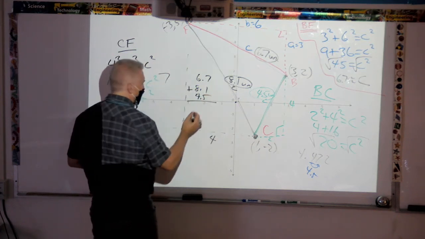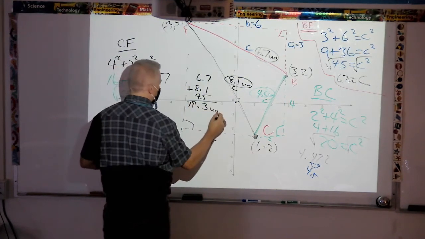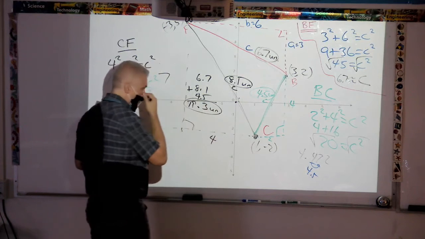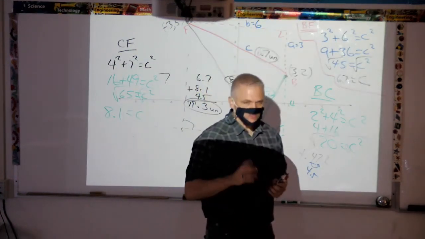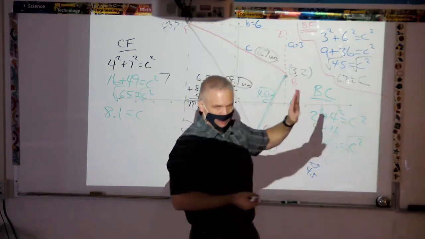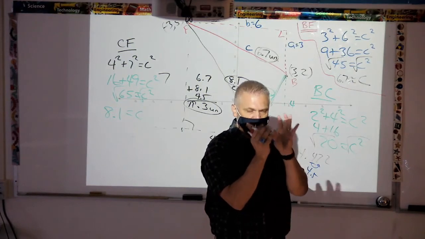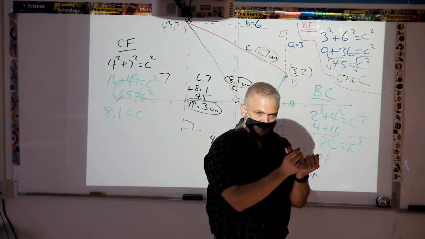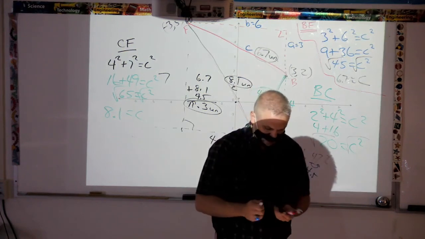Add them together, what do you get? 19.3 units. That's it. So step 1 is to make the right triangles, which creates a box. Step 2 is to take each triangle, find the hypotenuse. Now you've got all the sides. Then, if you want perimeter, you just add the sides together.